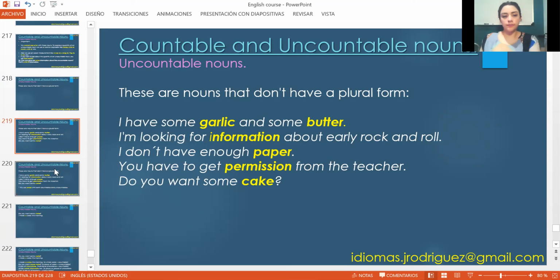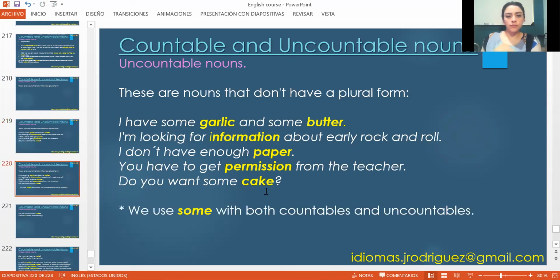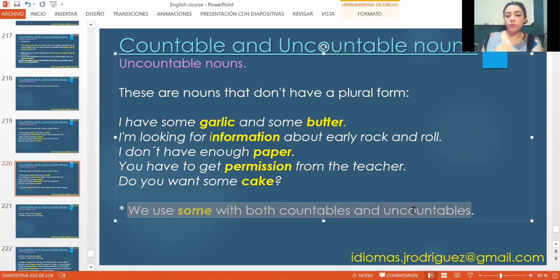Okay, next. And we use some. This is very important. We can use some with both countables and uncountables. Okay, some lo podemos usar con contables o con incontables. Significa algunos.